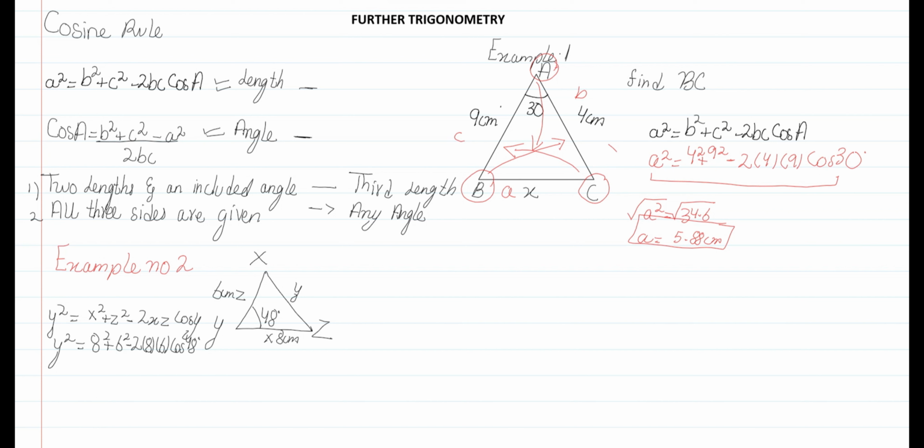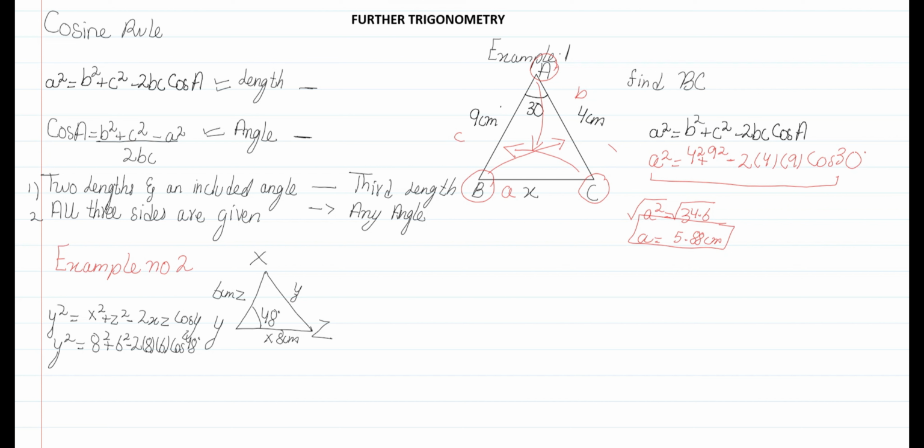Okay, so just use the calculator and find the answer. 8 square plus 6 square minus 2 bracket 8 bracket close, again bracket open, 6 bracket close, cos 48.